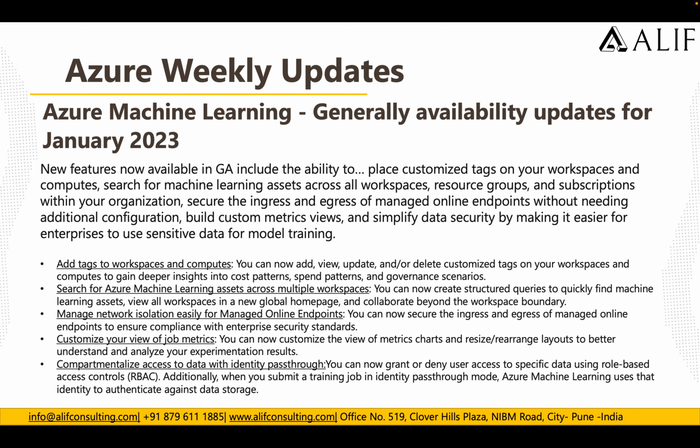Secure the ingress and egress of managed online endpoints without needing additional configurations. Build custom metric views and simplify data security by making it easier for the enterprise to use sensitive data for model training. So these are the things which have been released for Azure Machine Learning in January 2022.